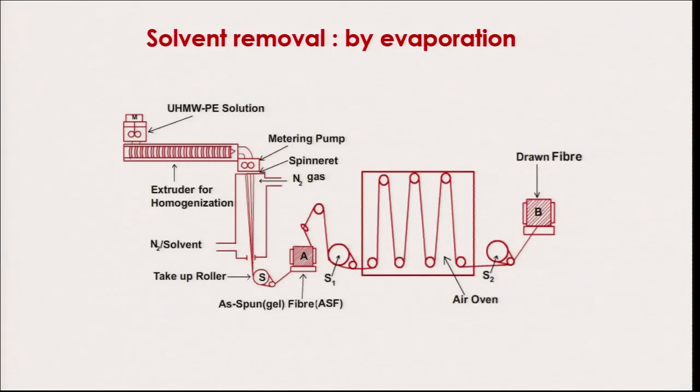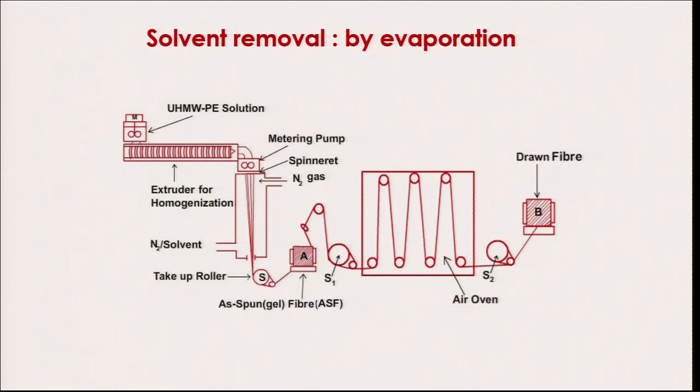Unlike the normal textile fibers, where the draw ratio could be 5, 6 at the max, right. So, there is another method by which you can remove the solvent or carry out the spinning. This method is something similar to the dry spinning method, wherein the polymer solution is passed through a heated chamber which has inert hot gas.